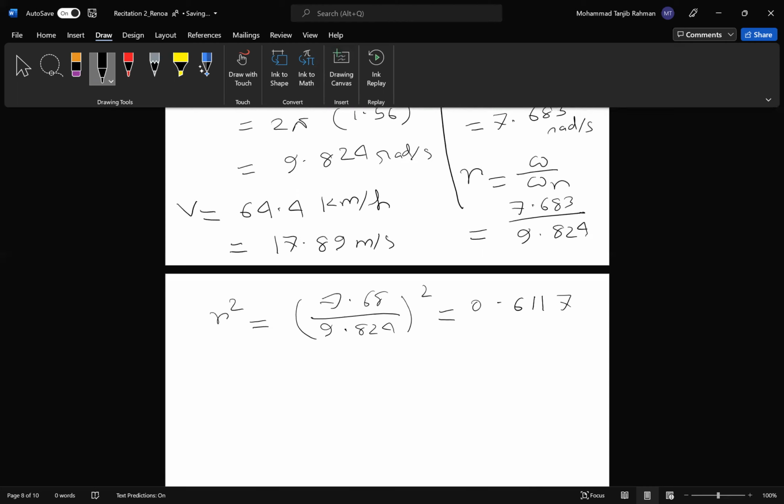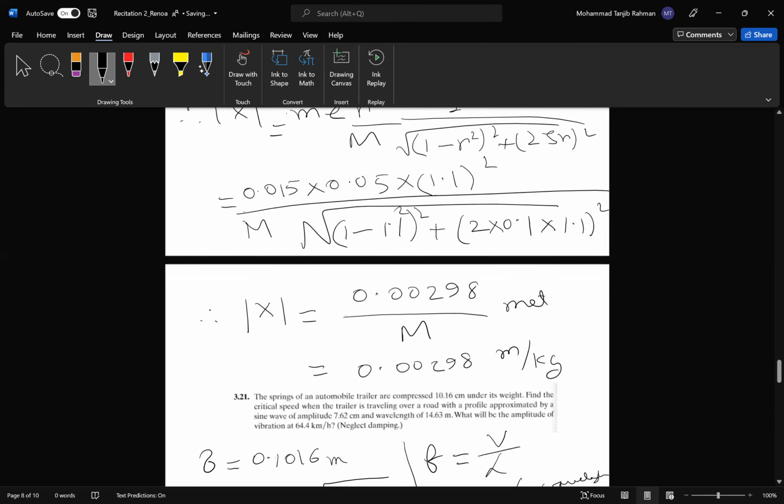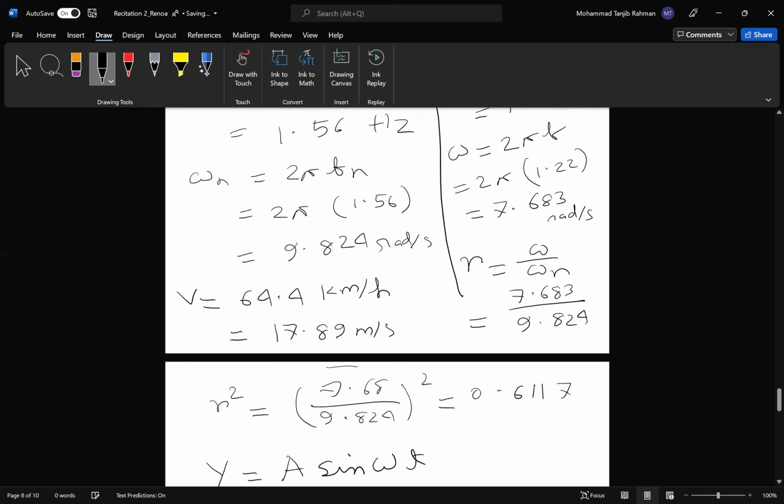Also, we were given the force Y was equal to, let's just say, A sine omega t, where the value of A is given as amplitude 7.62 centimeter.